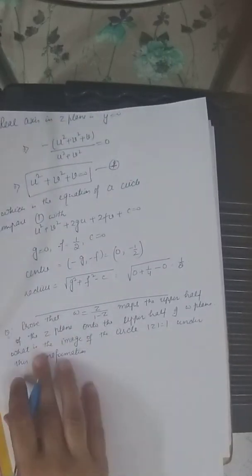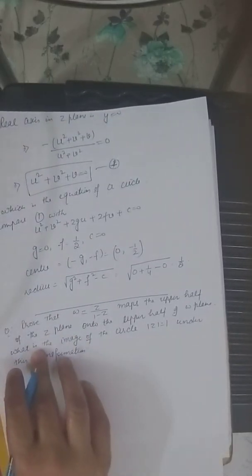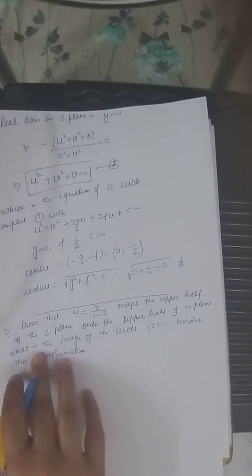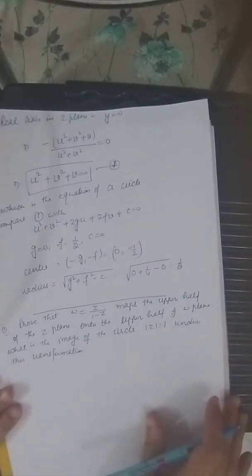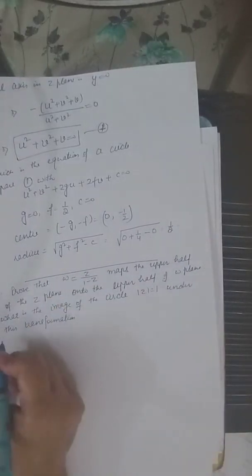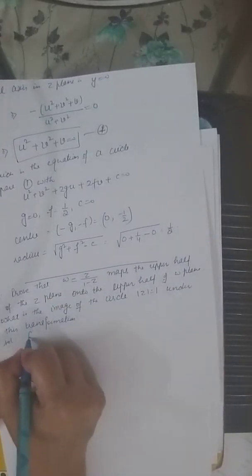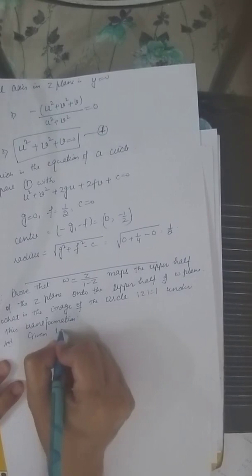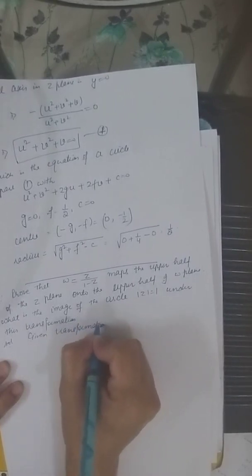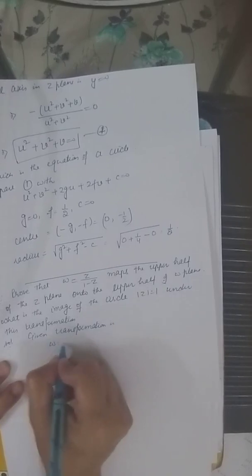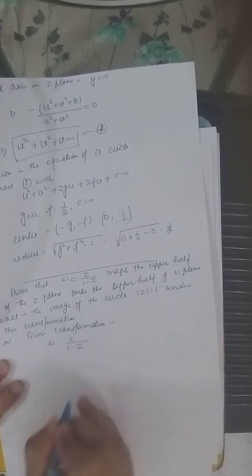Now the upper half of the z plane is y greater than 0, and the upper half of the w plane is v greater than 0. Now the given transformation is w equal to z over 1 minus z.